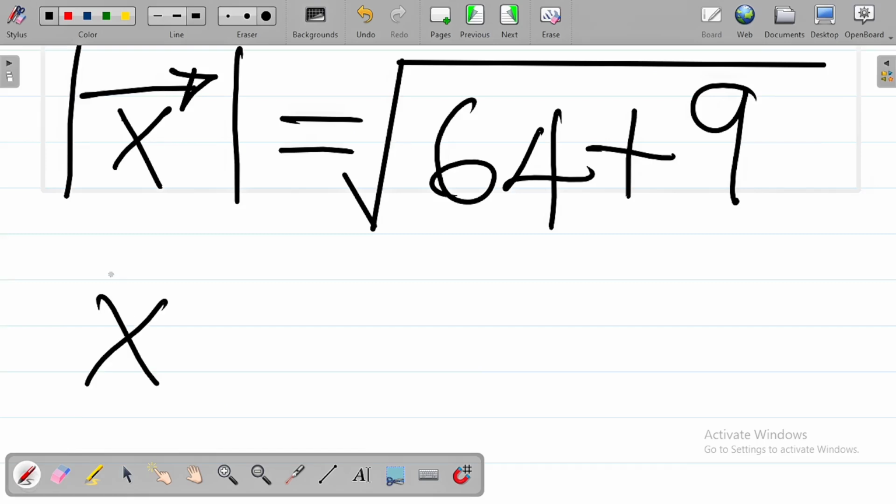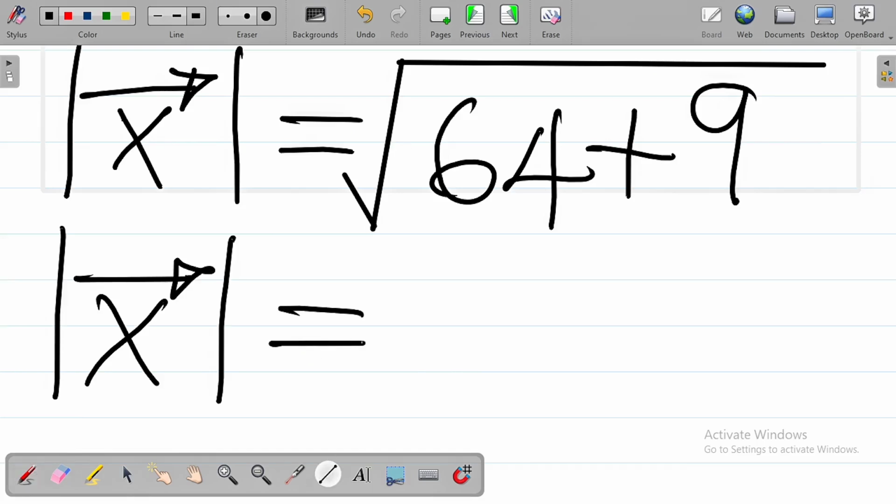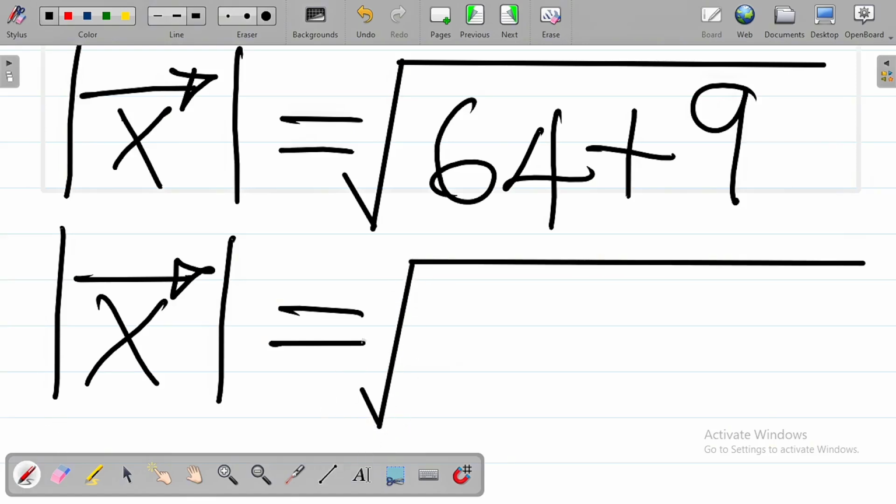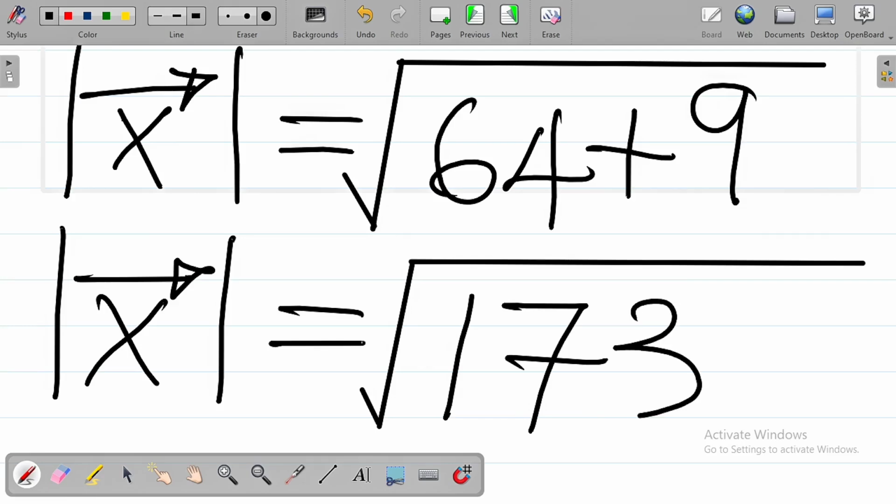So we have here the magnitude of vector x is equal to 64 plus 9, which is 73.